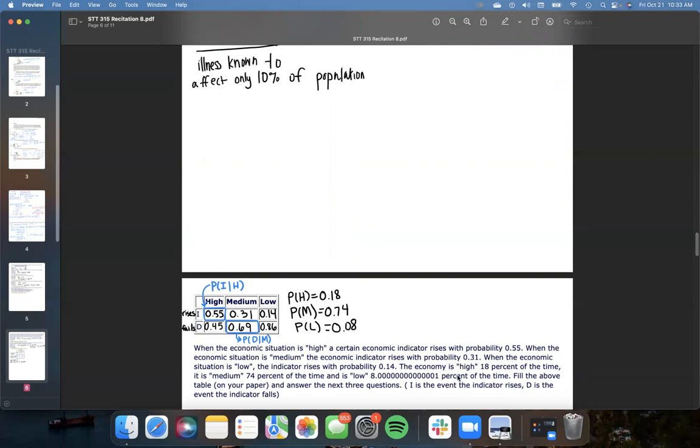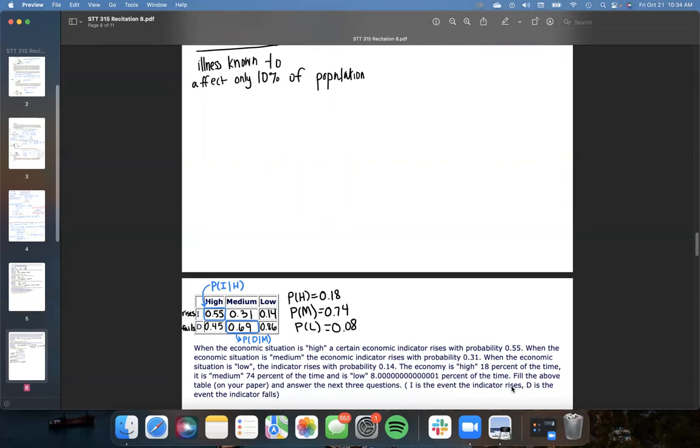The economy is high 18% of the time. It is medium 74% of the time and is low 8% of the time. Fill the above table on your paper and answer the next 3 questions.